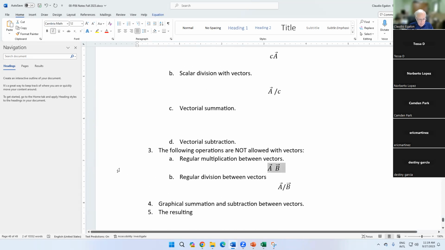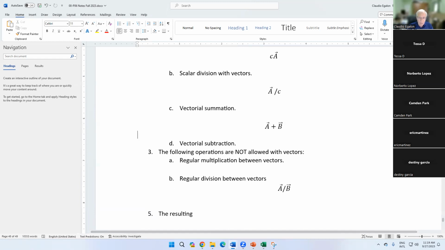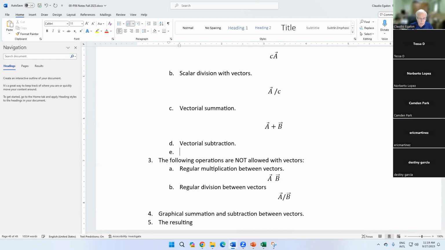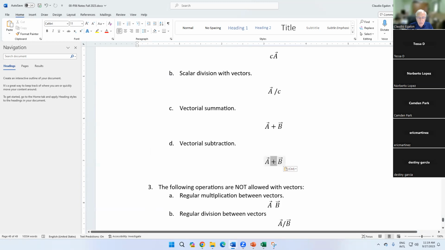A plus B. And I can have one vector subtracting the other.